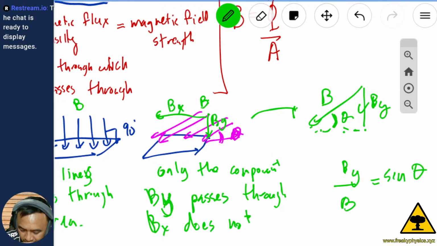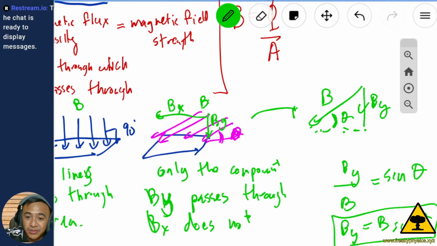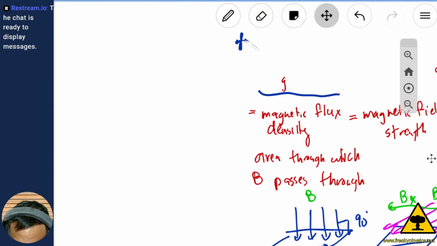In other words, By should be B sine theta, and that is the only component that passes through the area, and therefore we need to incorporate the area in the formula.